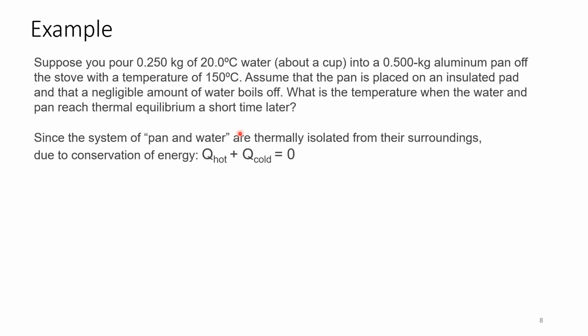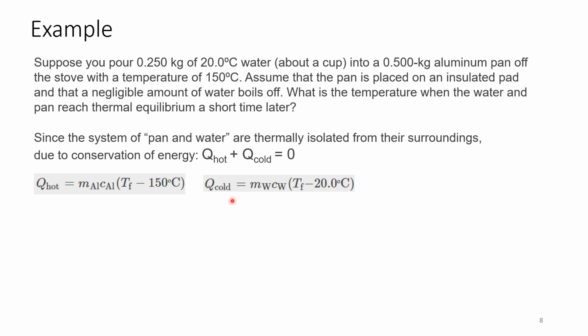Since the final temperature is the same, we have Q hot equals the mass of the pan times the specific heat of aluminum times T final minus 150 degrees Celsius, and Q cold equals the mass of the water times the specific heat of the water times TF minus 20.0 degrees Celsius.